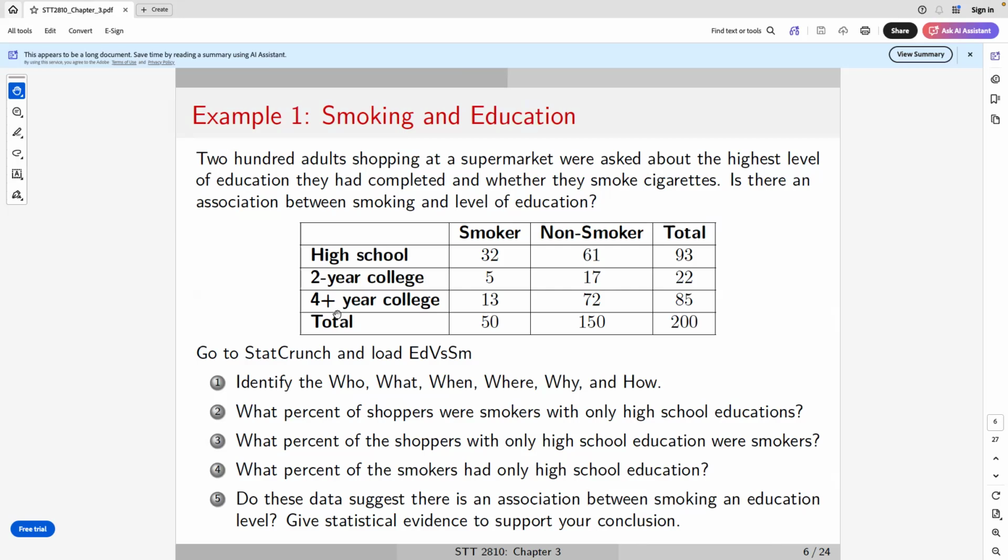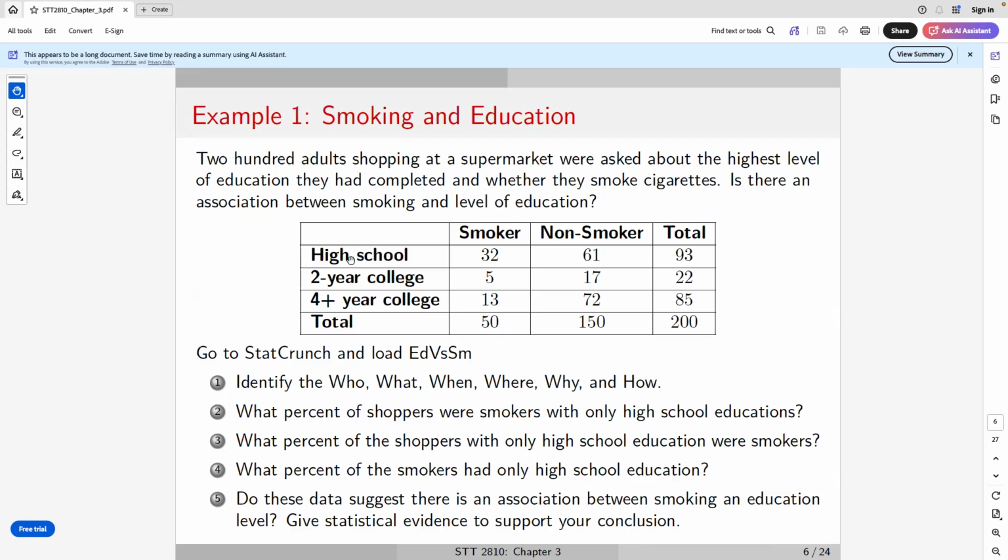So each time you're asked to find the marginal distribution of a variable, go to that variable. So for example, with smokers, we have smoker and non-smoker. Level of education, we have high school, 2-year college, and 4-year college. Write that out. Then you ask, how many total high school students do we have?